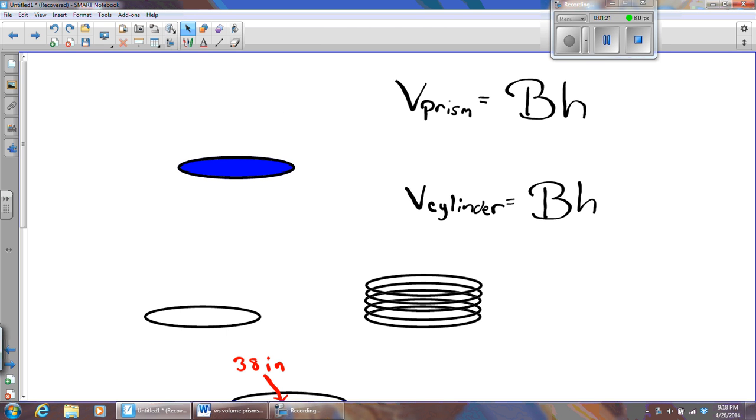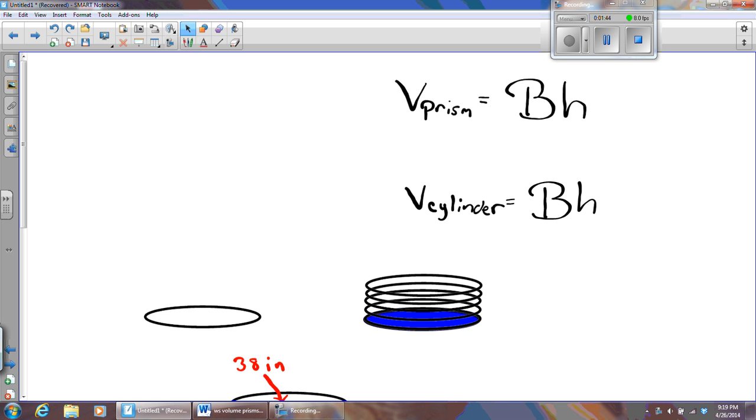If I could figure out its area, and I could figure out how many of them were stacked up, I would be able to tell the space inside of the 3D shape. Remember, that's what volume is. It's the space inside a 3D prism or cylinder or anything like that.